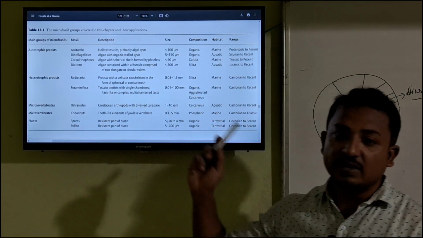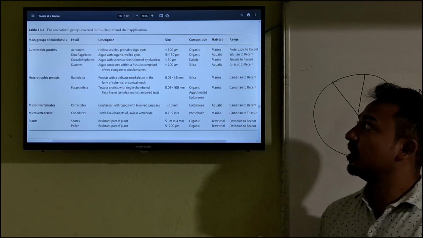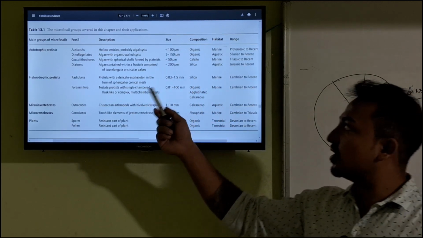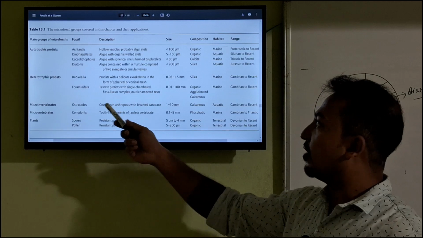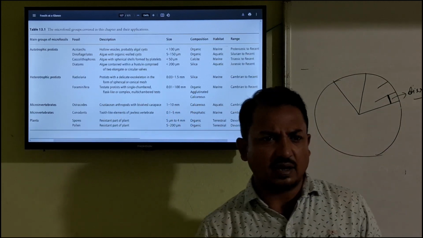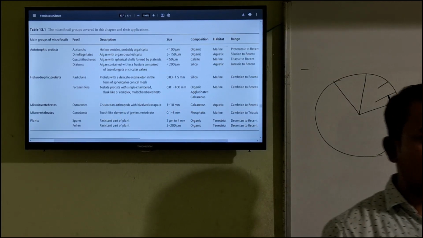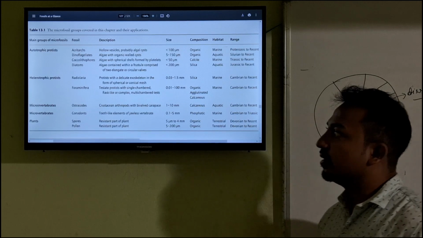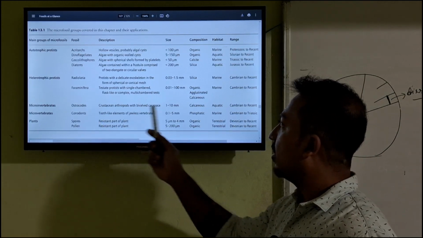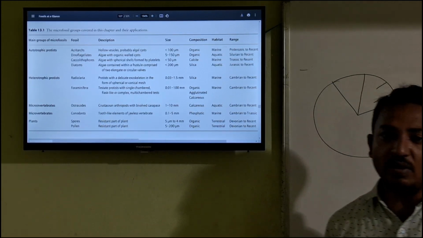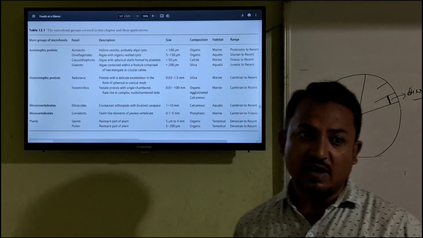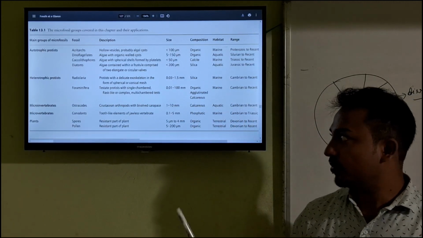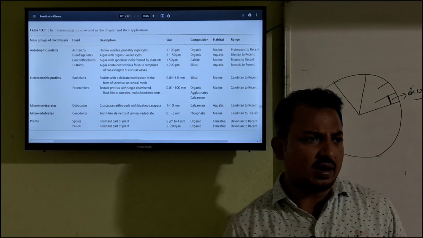Diatom is siliceous. Radiolarian is siliceous. Foraminifera is mostly calcareous, but it can be organic. Ostracod is calcareous. Conodont is phosphatic. Spore pollens are organic.